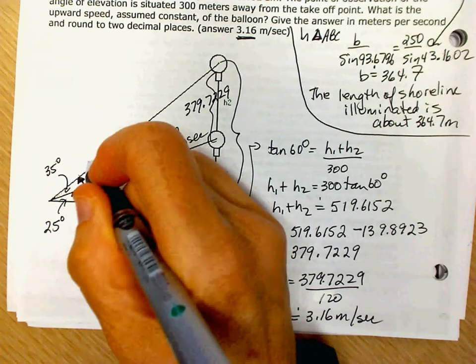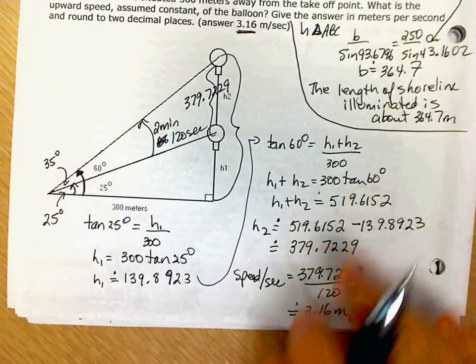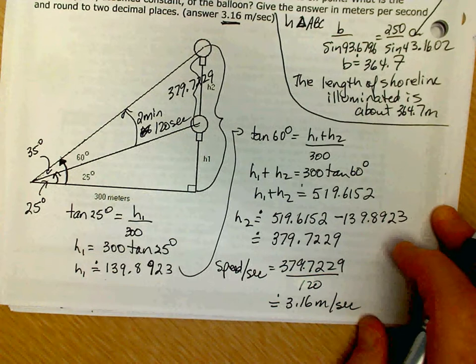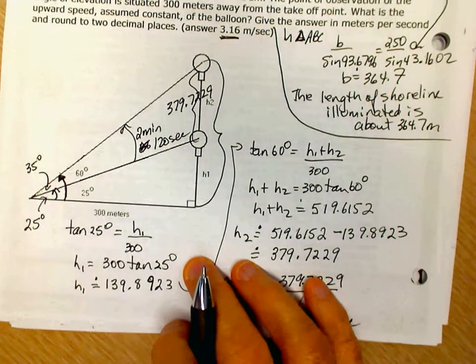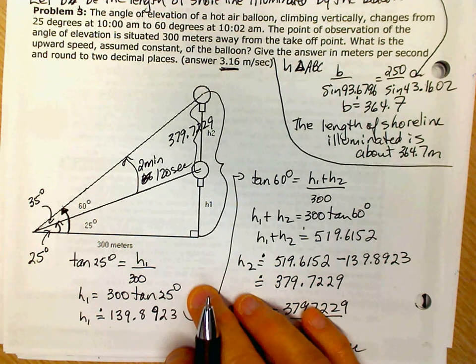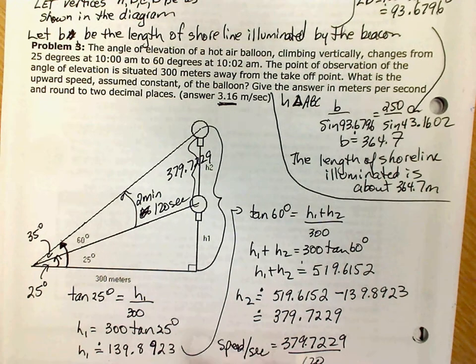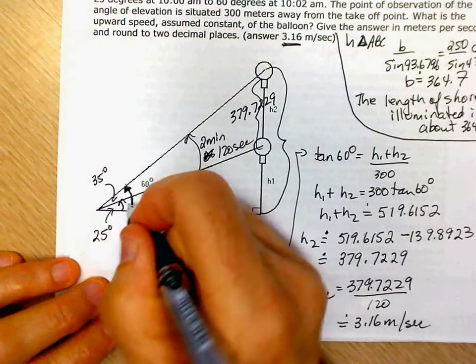How are we going to know from the question that it's not from h1 to h2, that it's from 0 to the top of h2? Because we calculated between h1 and h2. There won't be any ambiguity, because you know at 10 o'clock it's this angle, so it must be this.